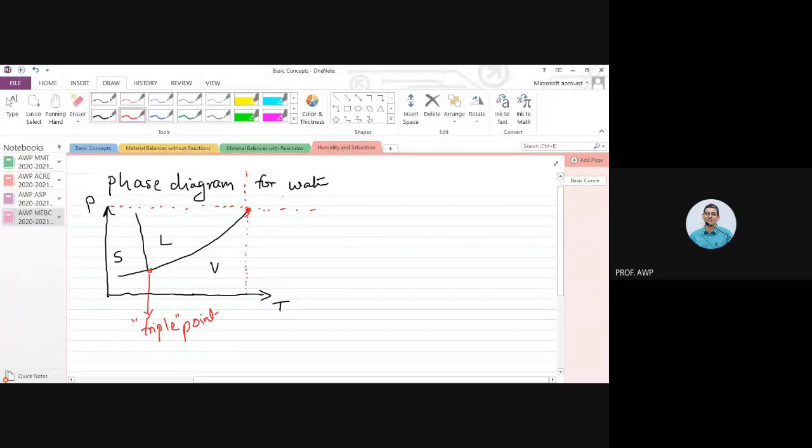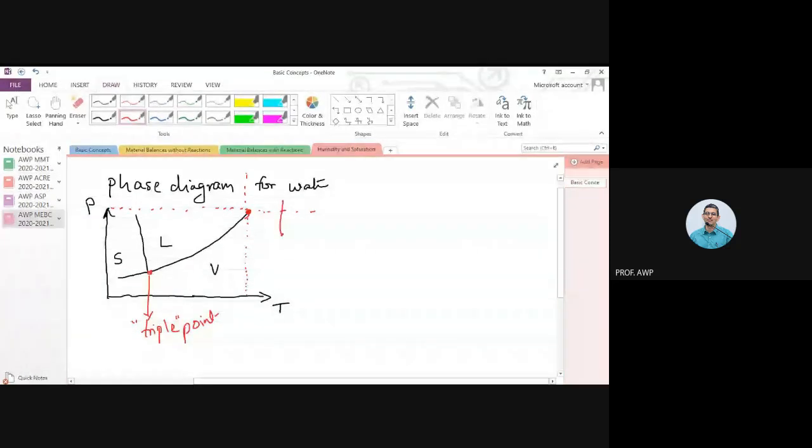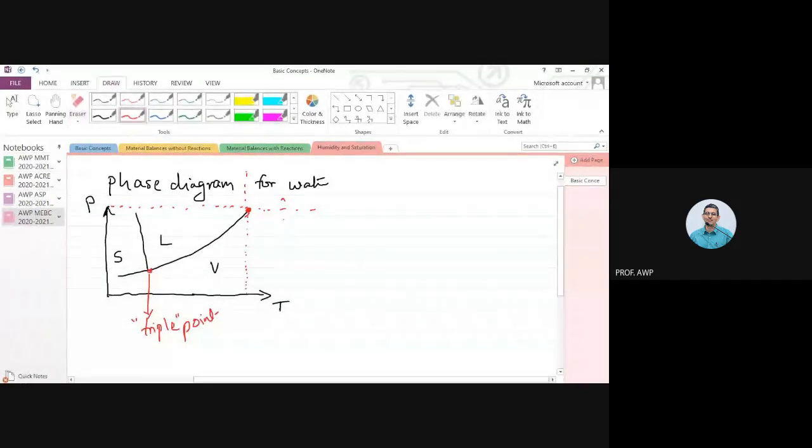If I'm, let's say, here, there is no way I can increase pressure and liquefy. If you are anywhere below this critical temperature and pressure, that is the way you can liquefy or vaporize some substance.